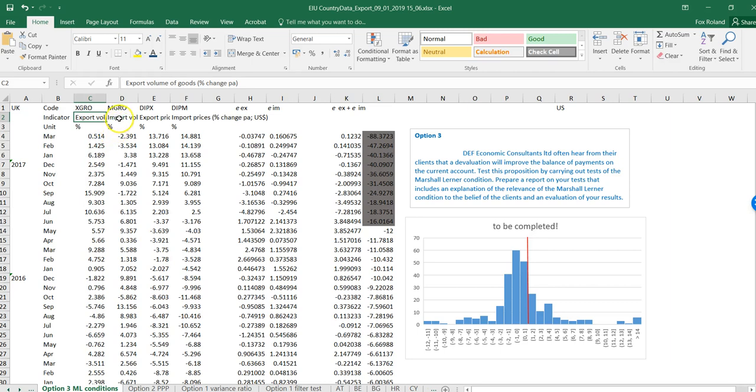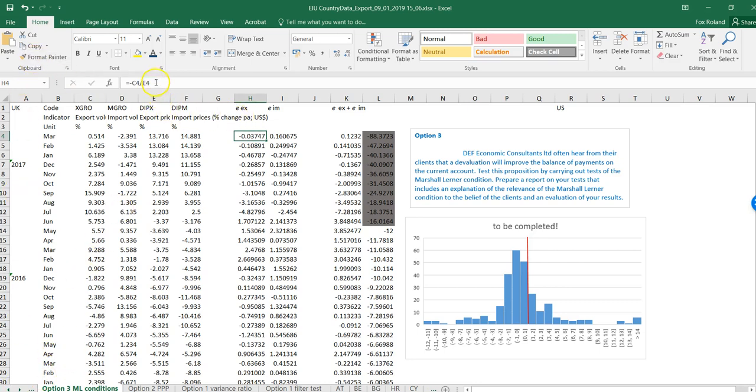Right, well, you can get data from another country, or you can use this data if you want. So export volume of goods, import volume of goods, export prices, import prices. We can work out our export elasticity.